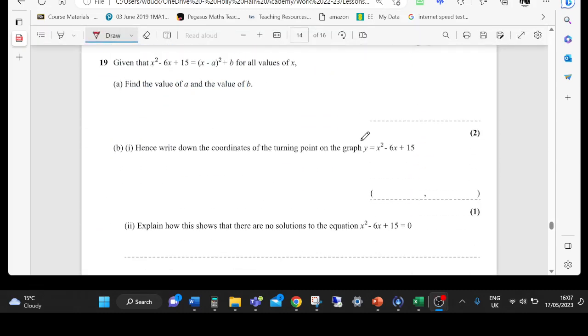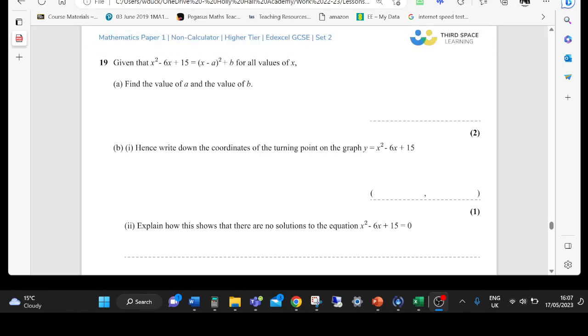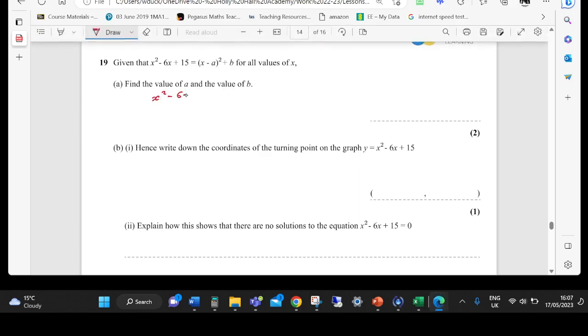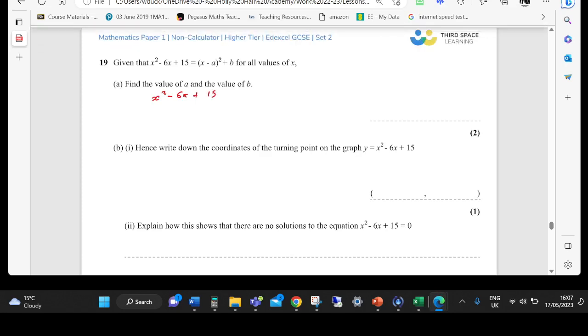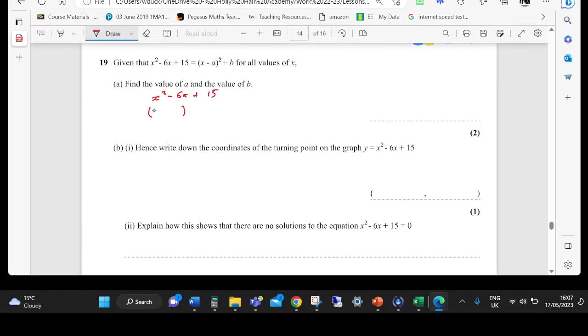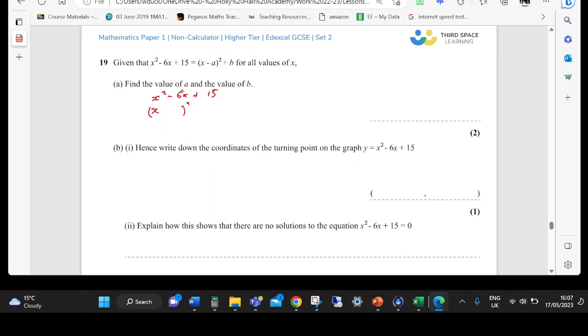Right, question 19. Read straight away like a completing the square. So it says, given that x squared minus 6x plus 15 is equal to x minus a all squared plus b for all values of x, find the value of a and the value of b. So if I'm trying to put that into a square bracket, my square bracket is going to have an x in it and half of this value, so minus 3.